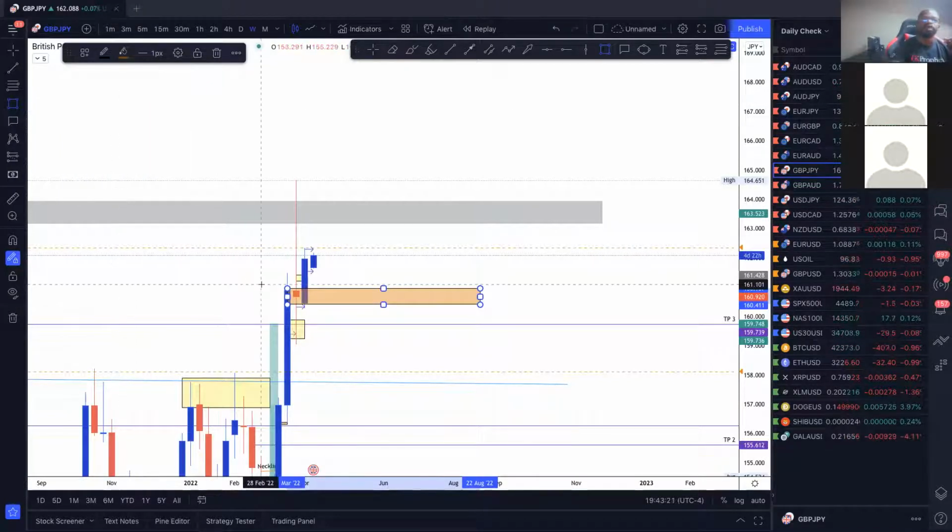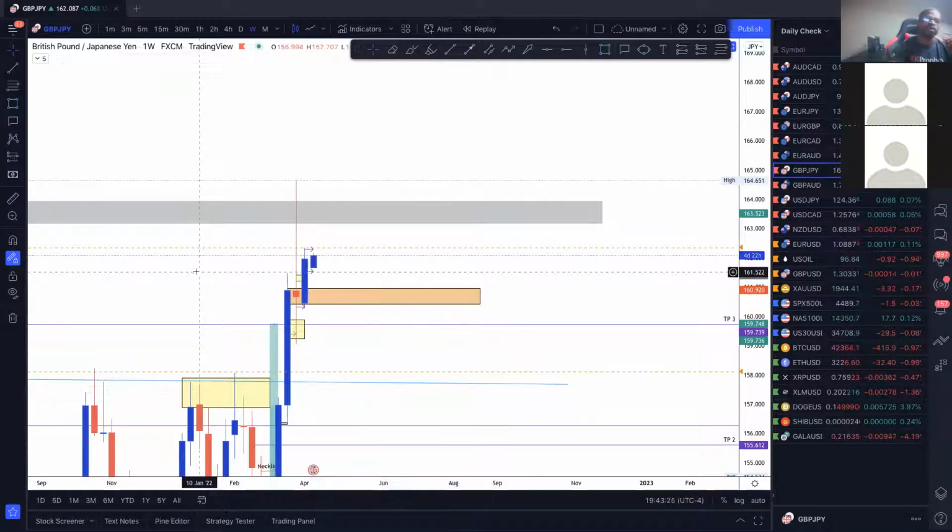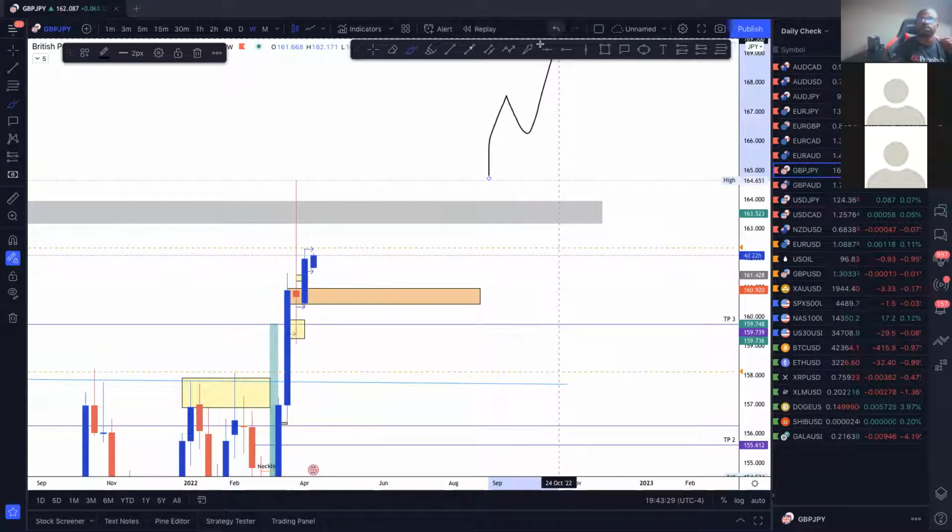It did. But what pattern did these three candles form? It's our sell to buy zone. You see it?